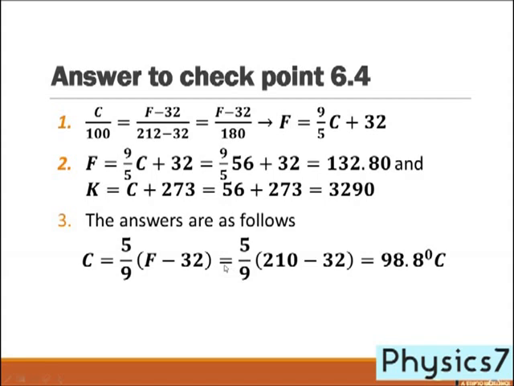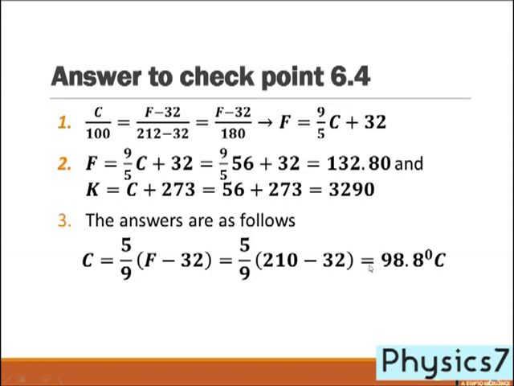And if we substitute the values in, we get that the temperature in degrees Celsius will be 5/9, open bracket, times 210 minus 32, where 210 is the temperature that we're given in degrees Fahrenheit.